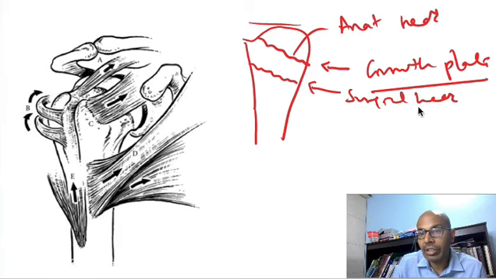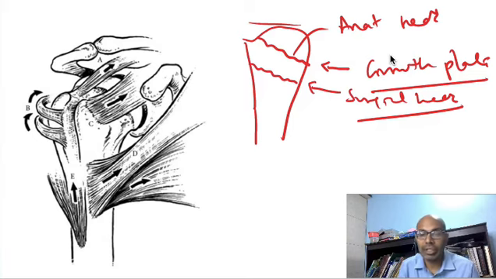And why are the surgical head and anatomical head different? Because fractures in most locations occur through the pre-existing growth plate, but in the case of the proximal humerus, the fractures most commonly occur at the level of the surgical head, that is, below the level of the previous growth plate closure area, or below the anatomical head.